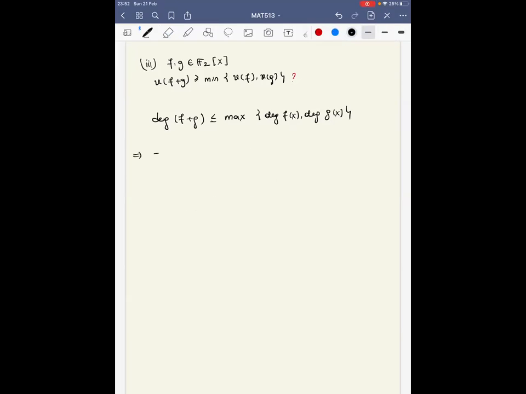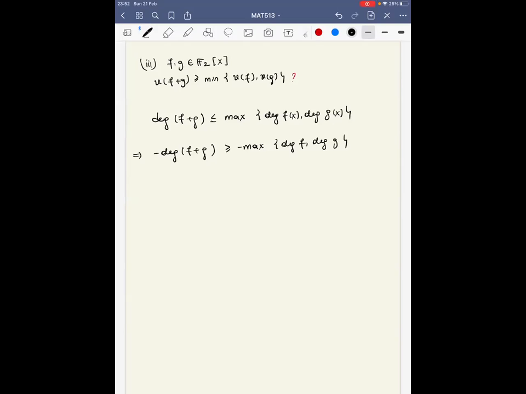And in this case, we can write minus degree of f plus g, which is bigger than or equal to minus the maximum of degree of f and degree of g.